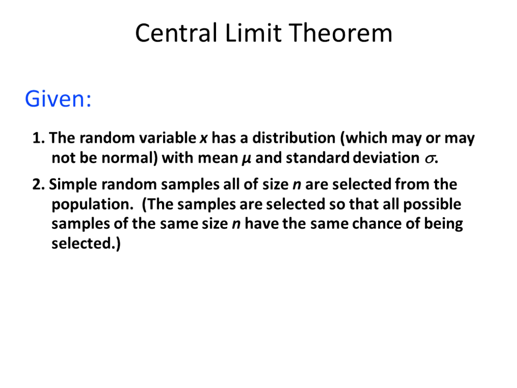So this random variable x has a distribution which may or may not be normal. The mean is mu and the standard deviation is sigma. Now this is from your population. So the distribution in our population may or may not be normal.